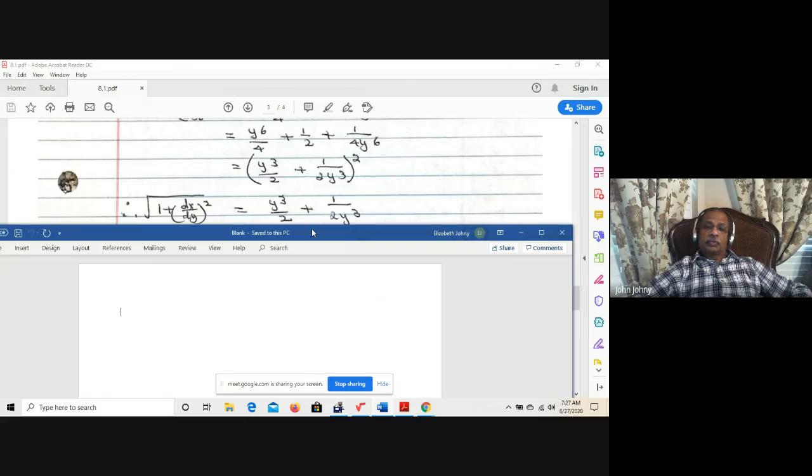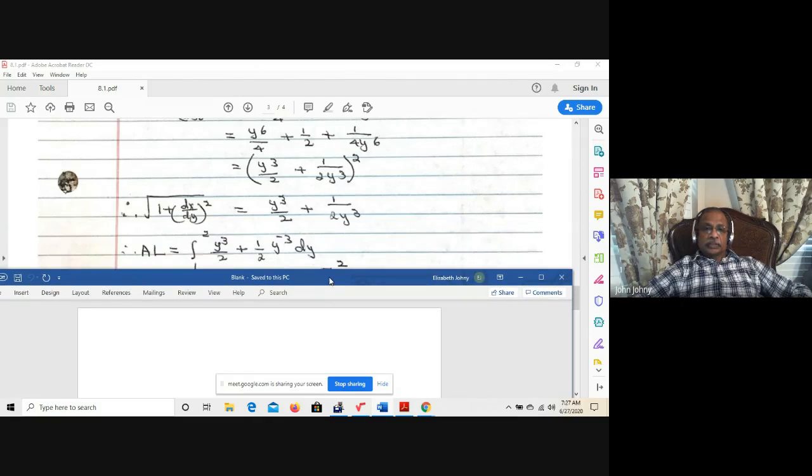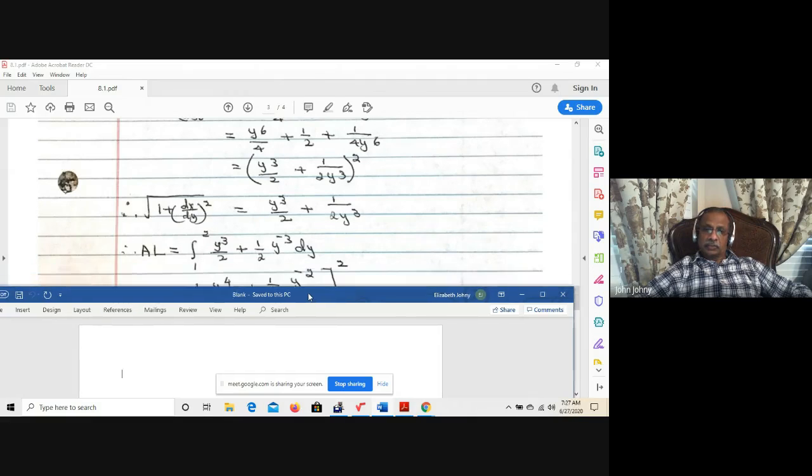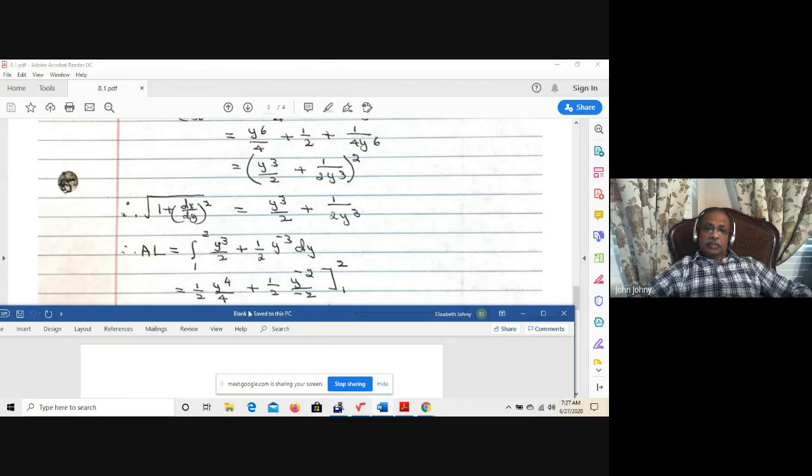Therefore, the square root of 1 plus dx over dy the whole square is equal to y cubed over 2 plus 1 over 2y cubed, and you may write it as 1 half times y cubed plus 1 half times y to the negative 3, so that it is easy to apply the power rule.